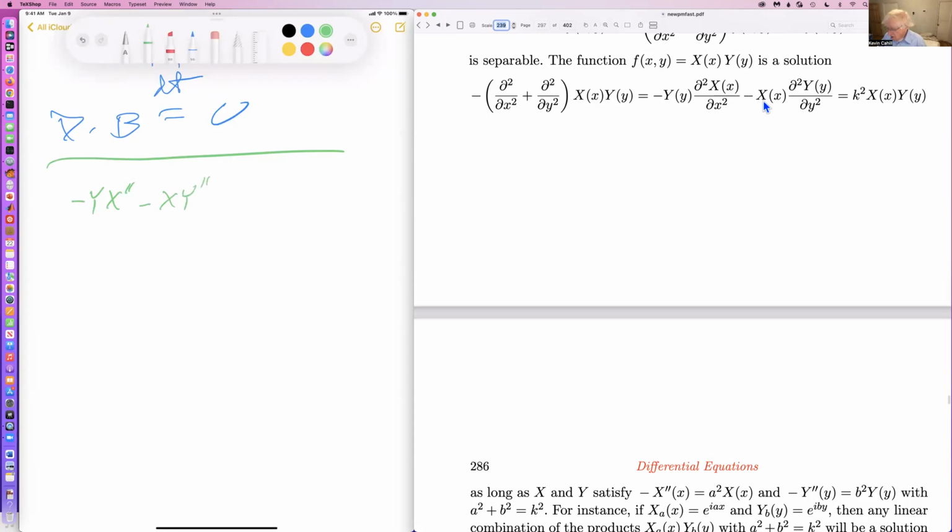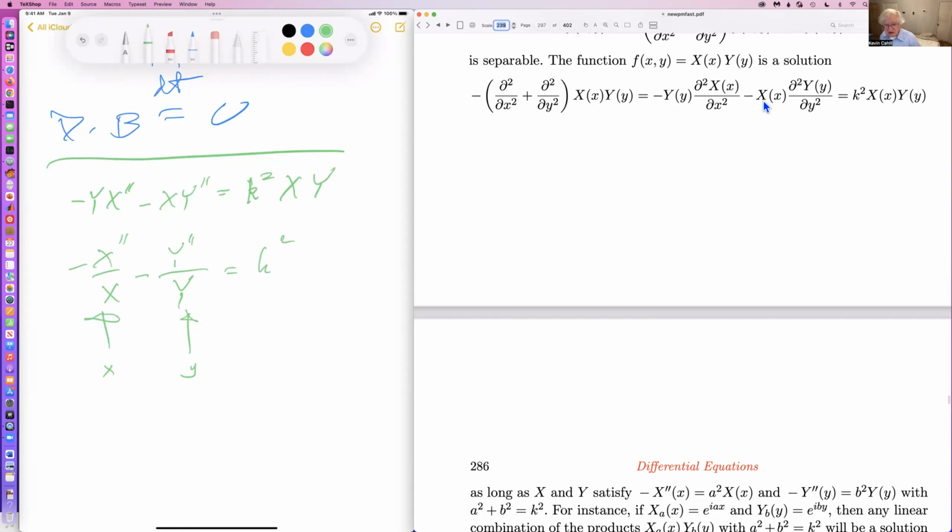So if we have this equation, which now is minus y x double prime minus x y double prime equals k squared xy, we divide by xy and we get minus x double prime over x minus y double prime over y is equal to k squared. Now this is just a function of x, and this is just a function of y.